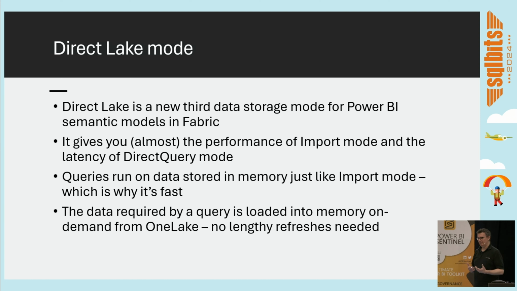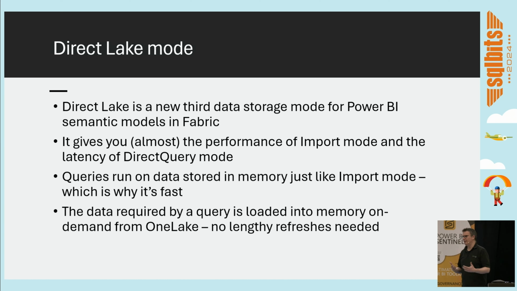Inside OneLake, data is stored in Delta format, which under the covers uses Parquet, which under the covers is a column store format. And it turns out that the format used in Parquet files is very, very, very similar to the format used by import mode to store its data in memory.